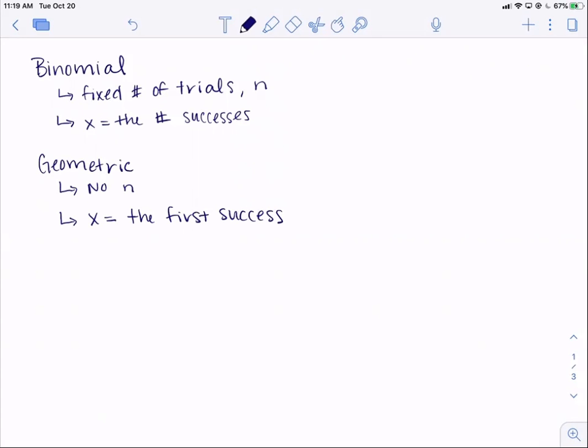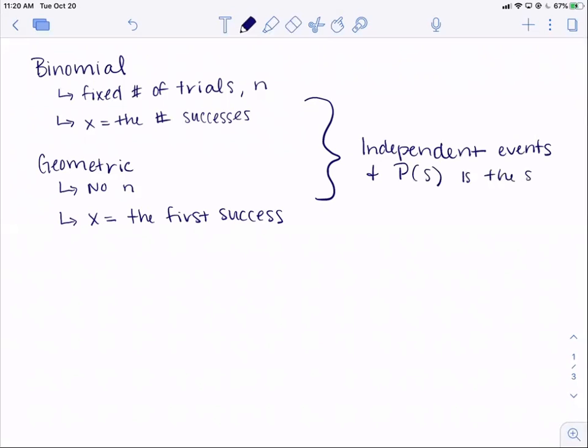Both of these have independent events, and the probability of success is the same.